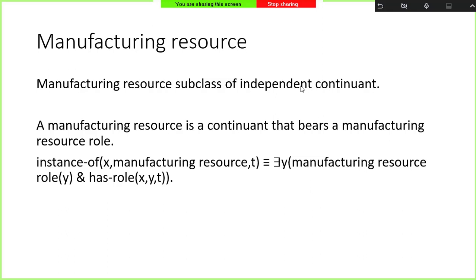But there is a specification of what it means in the document. Basically, it's clear what it means. You have a manufacturing resource role when you are used, and we specify the meaning of used in the document, used in a manufacturing process. To have a role of a manufacturing resource is to have the capability to serve as a manufacturing resource, which means that you're available one way or another.